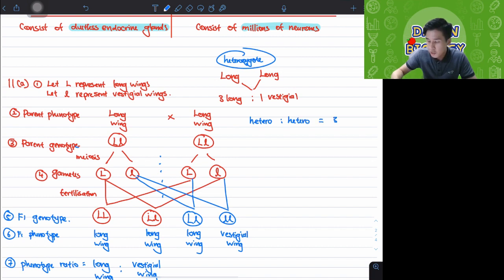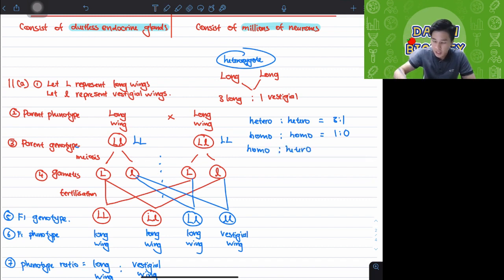Hetero is definitely 3 to 1, because if it's homo and homo, big L, it is definitely 100% long wing. Imagine both are big L. Every child will inherit the big L, definitely. So that is 100% long wing. So I know definitely this is not the case. It also cannot be homo hetero, like this.